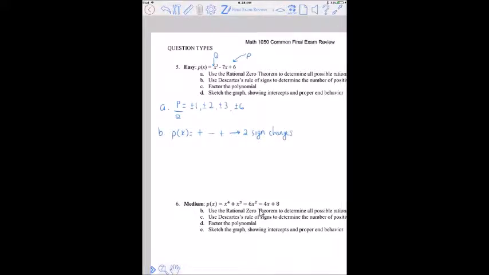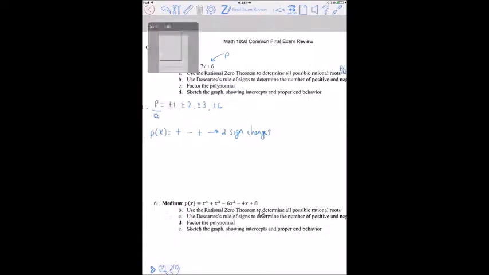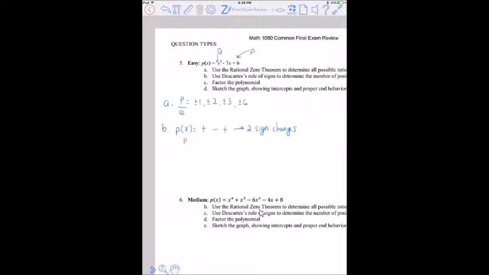And what that means is P of x, since there's two sign changes, could have 2, and then you always decrease that number by 2 units.